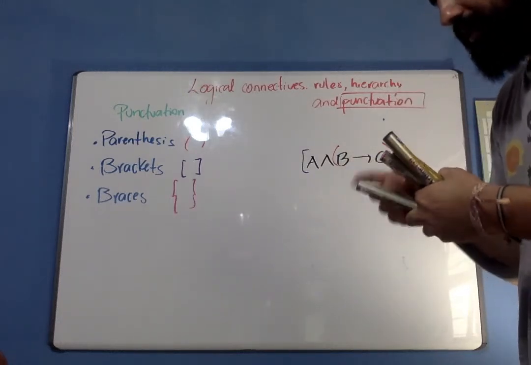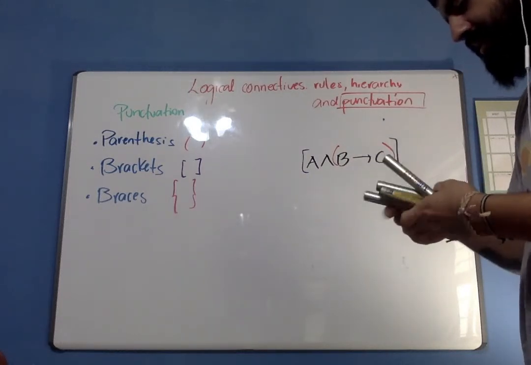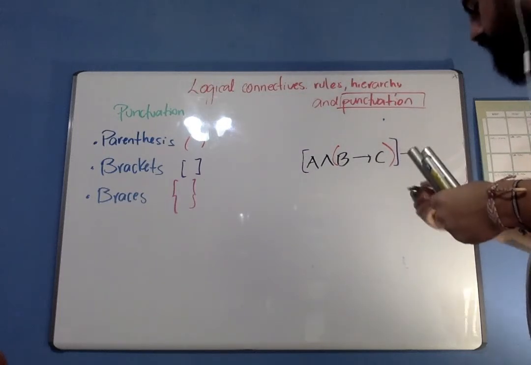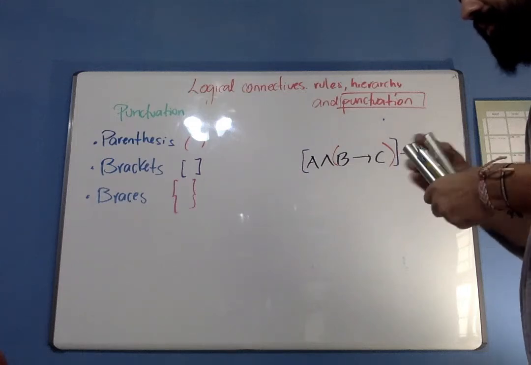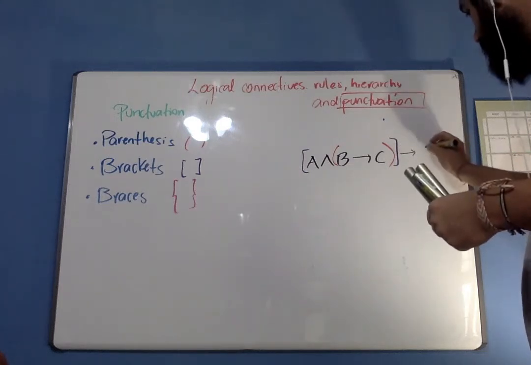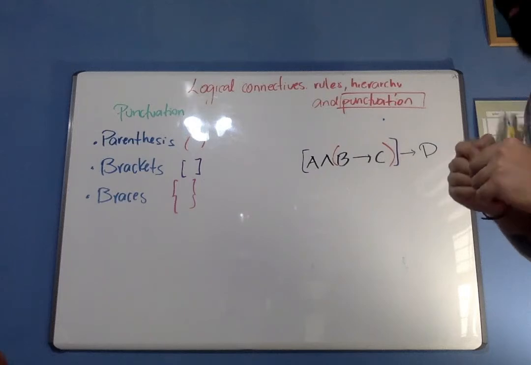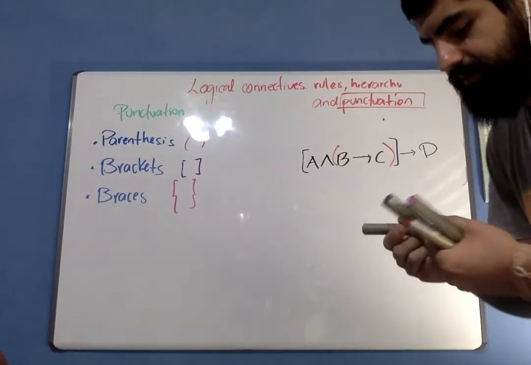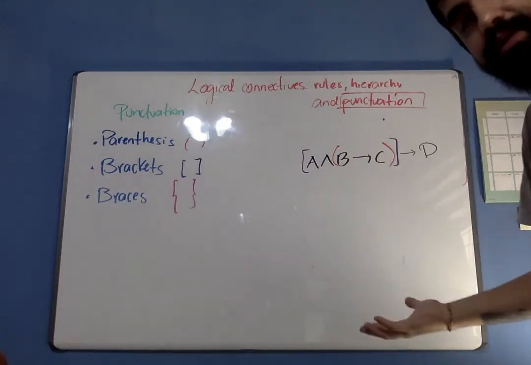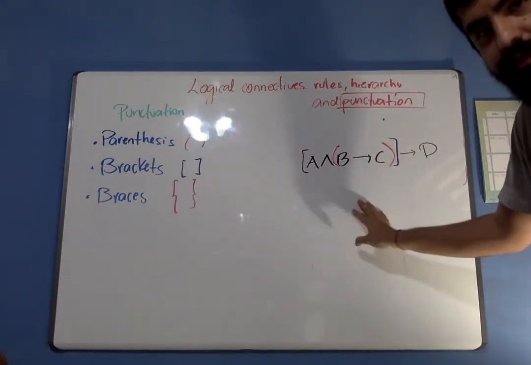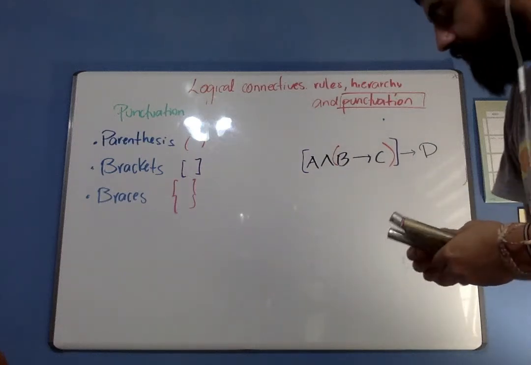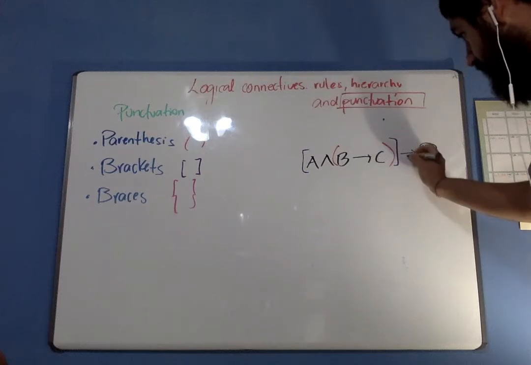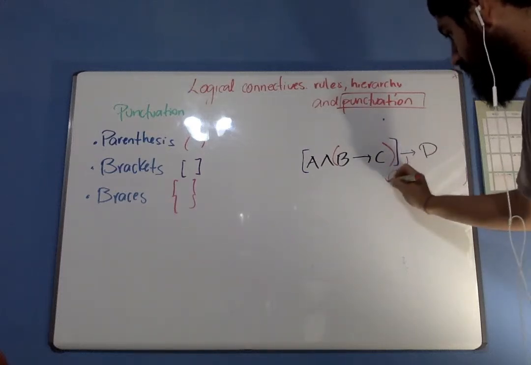Now, imagine that we say that this is connected with a conditional to a single letter, imagine that this letter is D. Only that. So far, the dominant logical connective in this expression is this conditional.